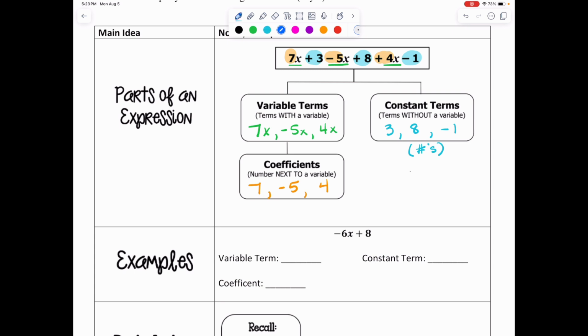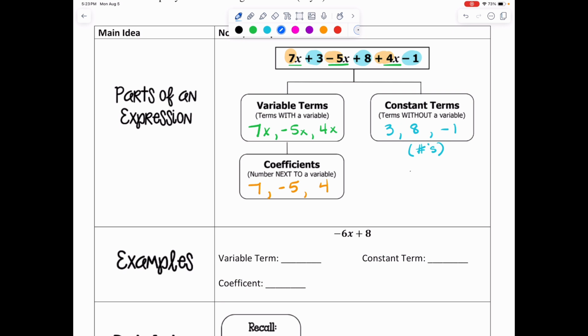So if I'm looking at negative 6x plus 8, first I want to write down the variable term. Terms are separated by pluses or minuses. You can see this is actually 2 terms. When you look up at the example we had for parts of an expression, we had 6 terms.